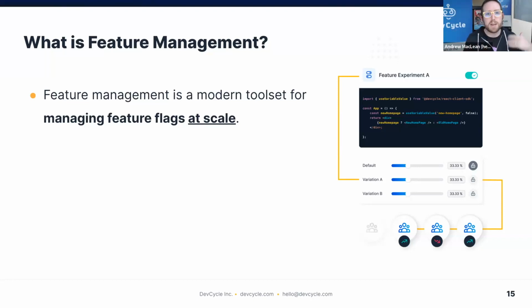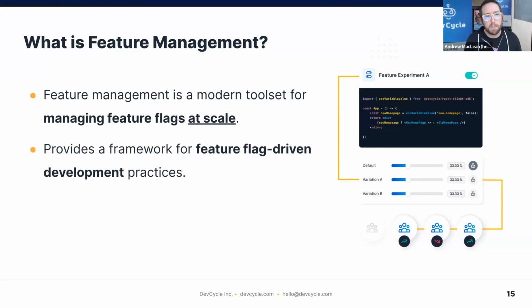So feature management is a tool set for managing feature flags at scale. It's also really useful because there are a lot of things built into it that provide you a framework for feature flag driven development practices. This is a term that's not used a lot, but when I look at feature flag driven development practices, which is a mouthful to say, I look at things like trunk-based development.